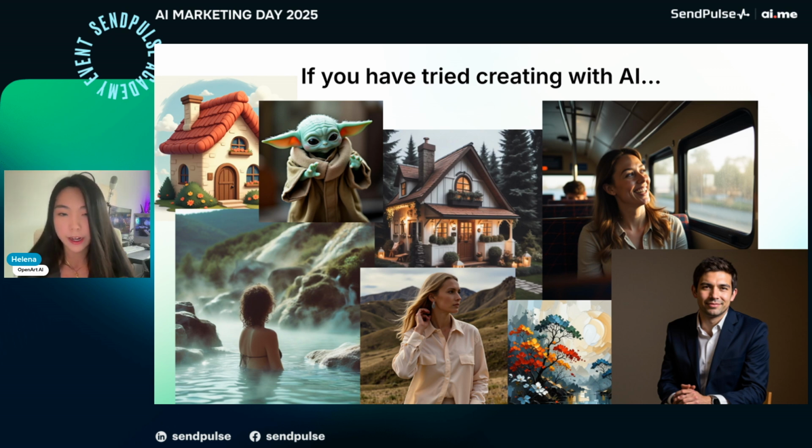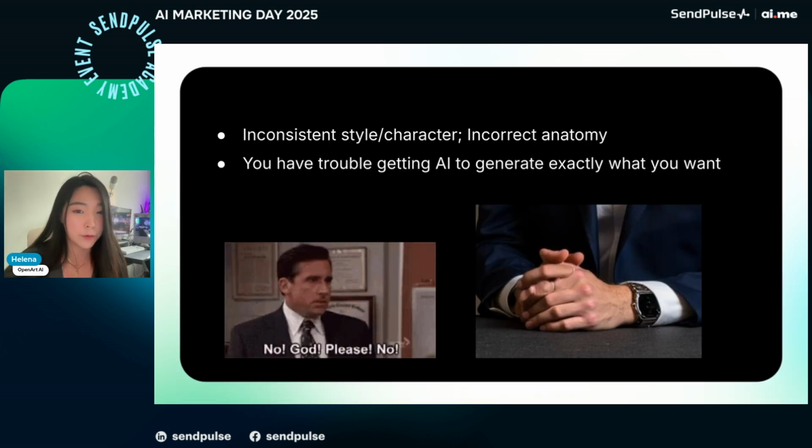Maybe you've tried to create a character, and even though you're prompting the same things, you get sort of different characters for every image. Maybe you've tried to create a real human, and the fingers are always so messed up, so dreadful.